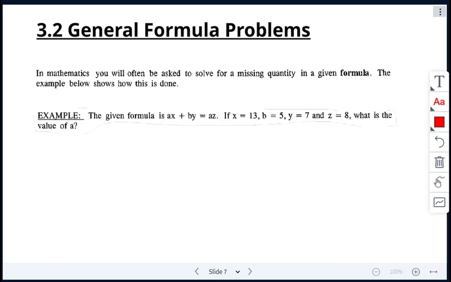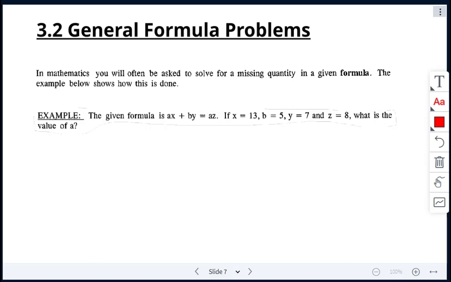Right, today's class we're looking at 3.2 general formula problems, and we'll also look at 3.3, which are rate of work problems. Okay, so in a given formula, you might be asked to solve for a missing quantity. So you'll be given certain parts of the formula, and then you'll be asked to solve for one of the variables.